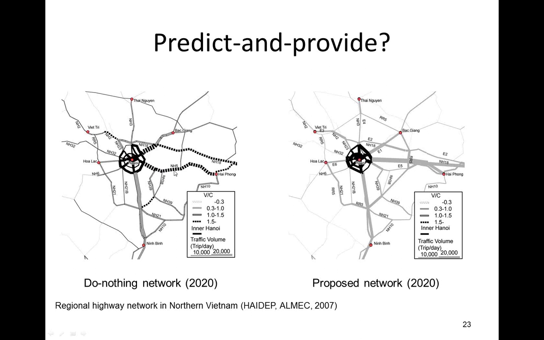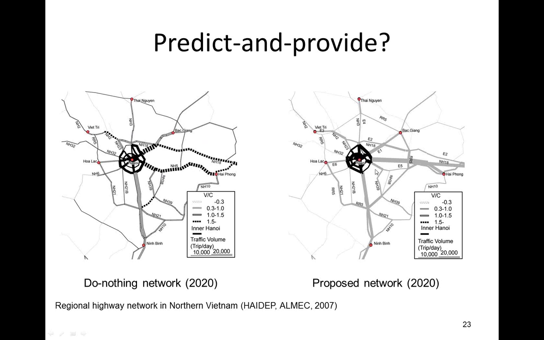These dotted lines mean the do-nothing network: if we do not do anything up to 2020, the level of congestion would be very, very high and travel time would be very, very high, to the detriment of the competitiveness of the region, especially since Hanoi is where the industries are located, and Hai Phong is where the port is. So having that congested link between the two would create a lot of disadvantages to the region.